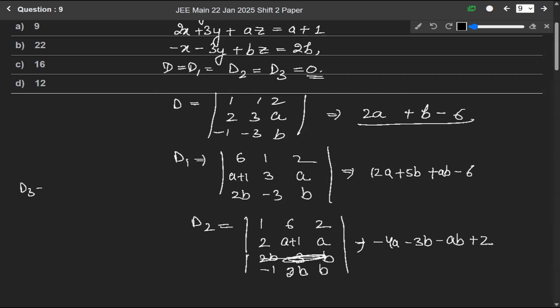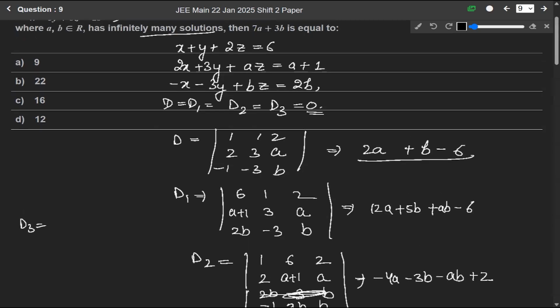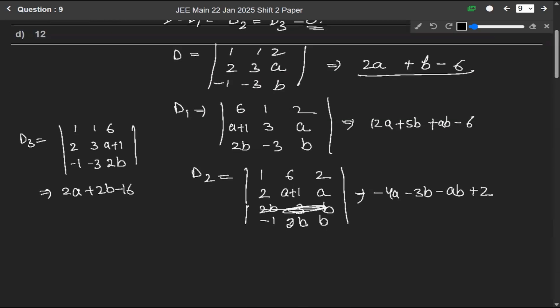And D3 will be equal to the determinant 1, 1, 6, 2, 3, a plus 1, minus 1, minus 3, 2b. And again when we solve it, we get 2a plus 2b minus 16. Okay. So these are equations 1, 2, 3 and 4.